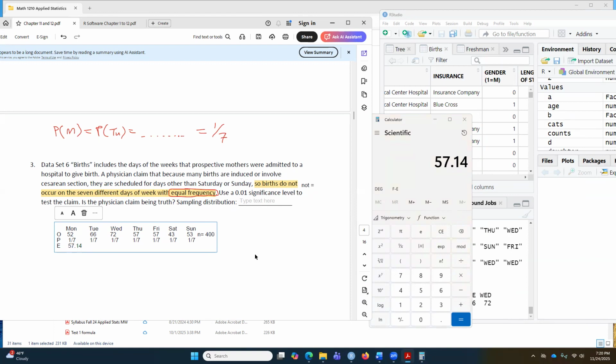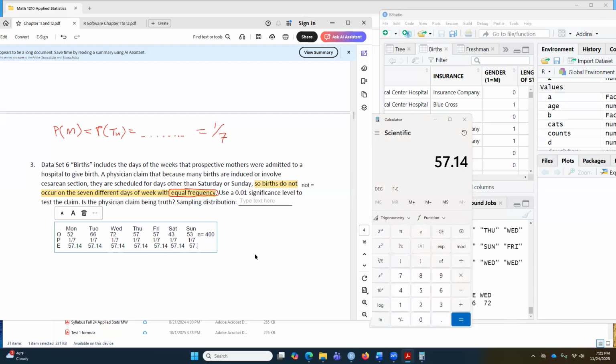So this is also 57.14. I'm going to use the ditto sign here. I'm lazy, so you guys know what it means. I just put the word same. So every single one is the same. That means your expected frequency is also the same.